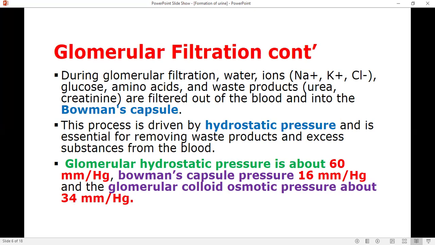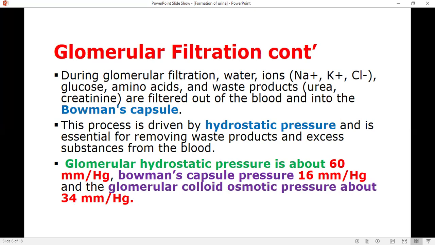So we have three pressures. If you mention these three pressures, we have the glomerular hydrostatic pressure. So this is a pushing pressure. It pushes substances from the blood circulation into the glomerular capsule, the Bowman's capsule.